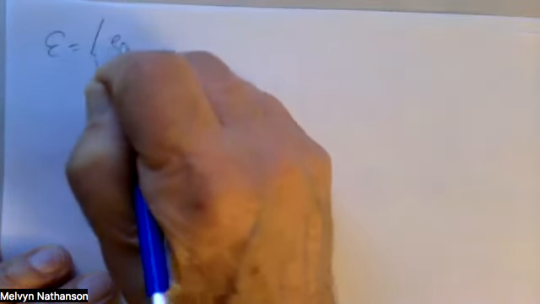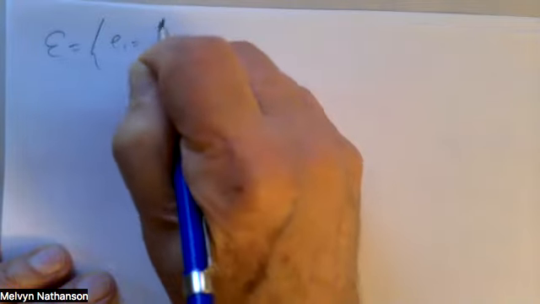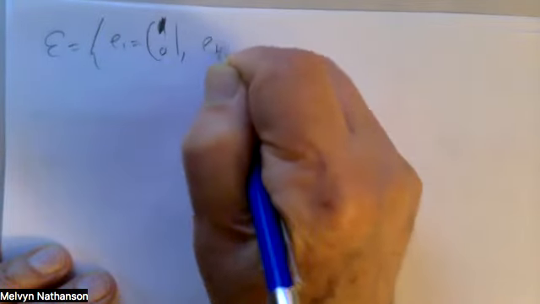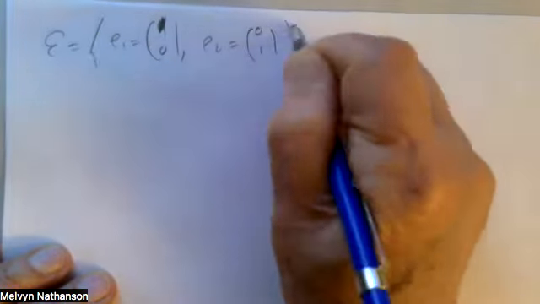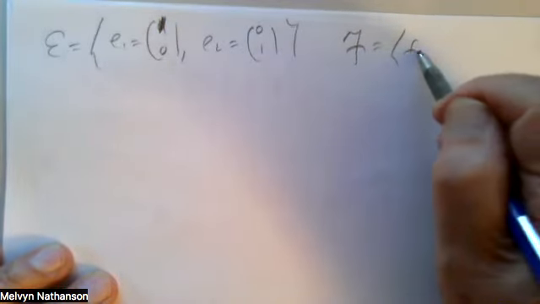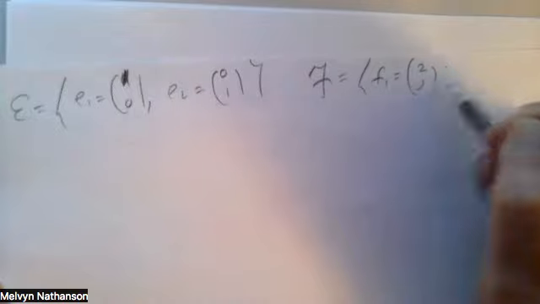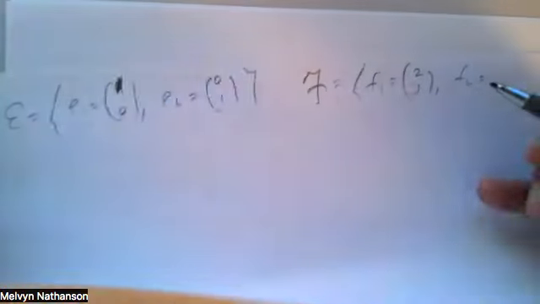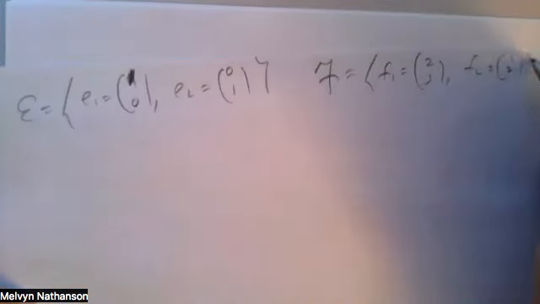So we have E, the standard basis, consisting of the vectors E1, which is 1, 0, and E2, which is 0, 1. And we have another basis F consisting of vectors F1 equal to 2, 3, and F2 equal to 1, 2.